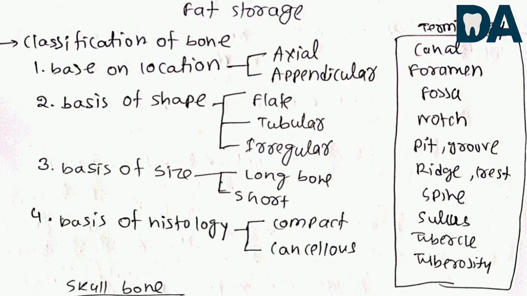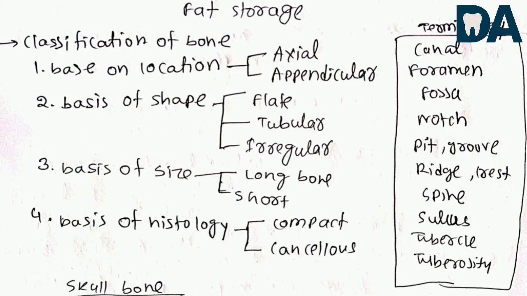Bones can be categorized on the basis of their location, shape, size and structure. On the basis of location: axial skeleton and appendicular skeleton. Axial skeleton, bones that occupy the central position of the skeletal system.